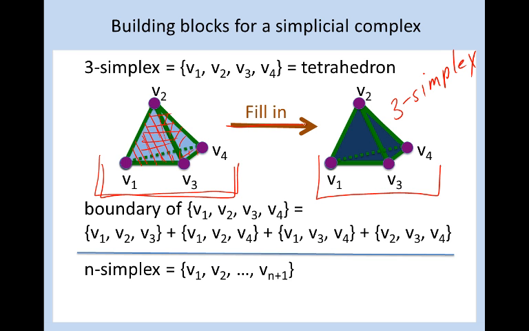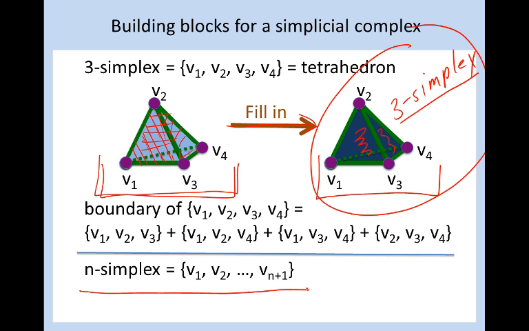But if we fill in to create a solid three-dimensional 3-simplex, then we will use dark blue to indicate that it's been filled in, and so we have a solid three-dimensional 3-simplex, a solid tetrahedron. We can also have higher dimensional simplices.